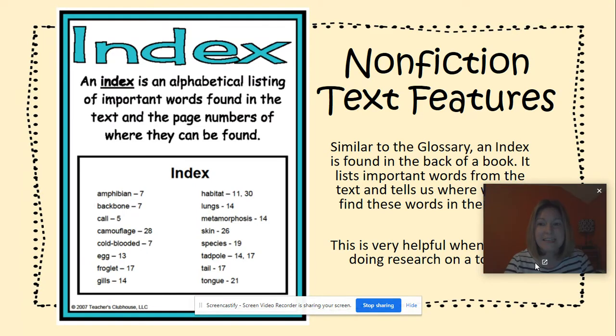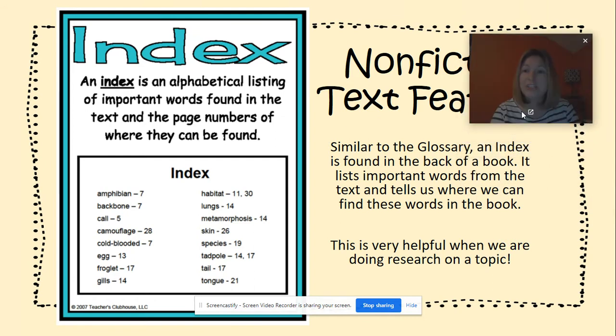The index is very similar to the glossary. Both are found at the back of the book. The index also shows important words, and they're listed alphabetically, meaning in ABC order. And beside those, you'll notice there's a number.